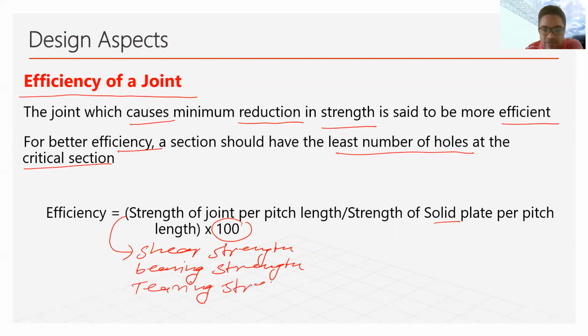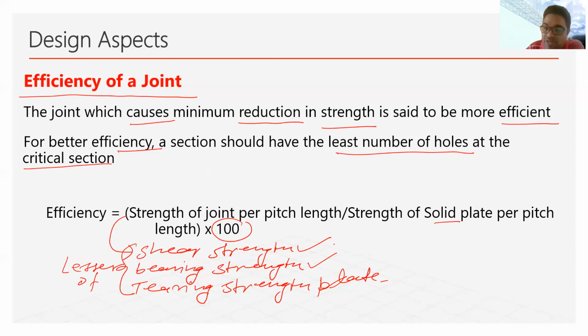So this strength of the joint will be the lesser of the shearing strength of the bolt, the bearing strength of the bolt, and the tearing strength of the plate. If we calculate these three strengths, then we will compare which one is lesser. That will be the strength of the joint.